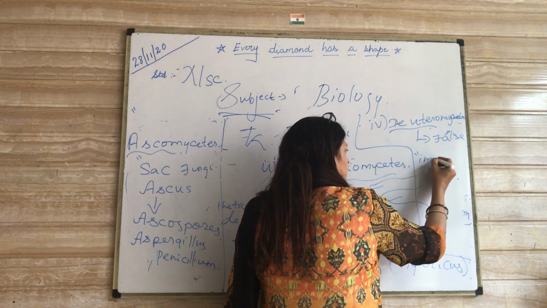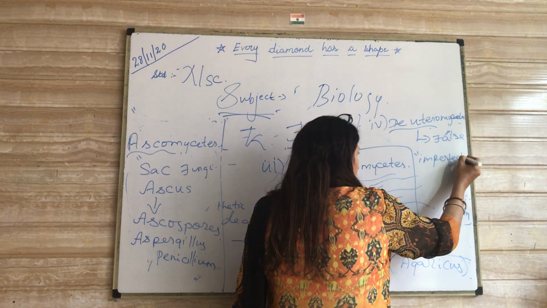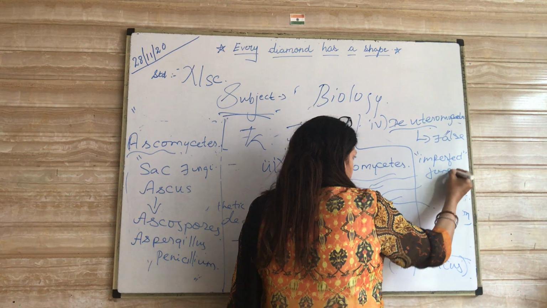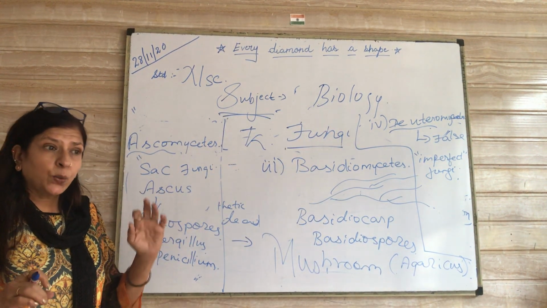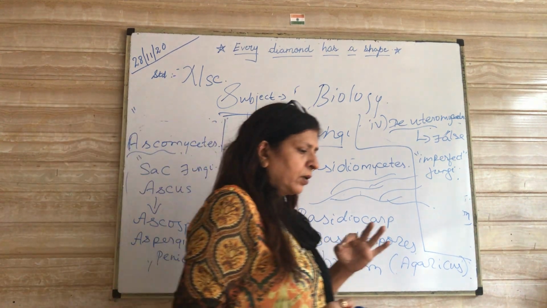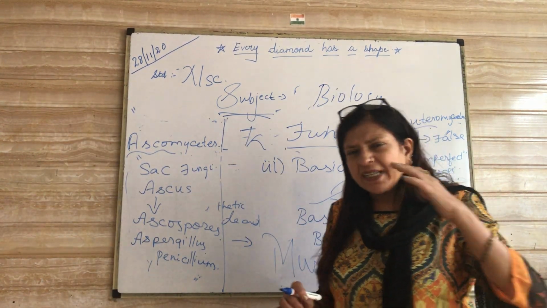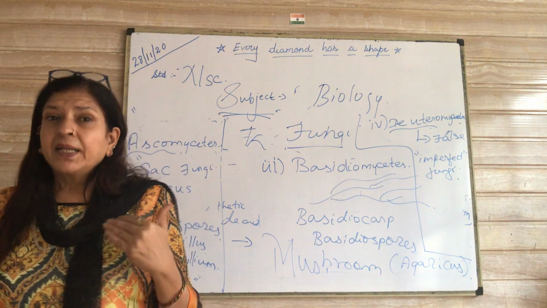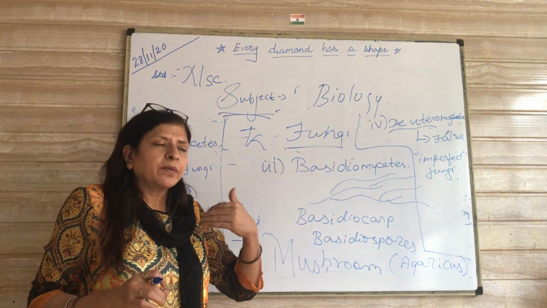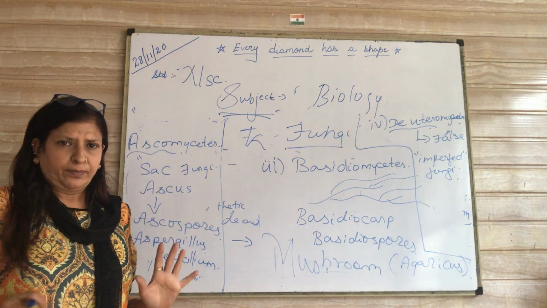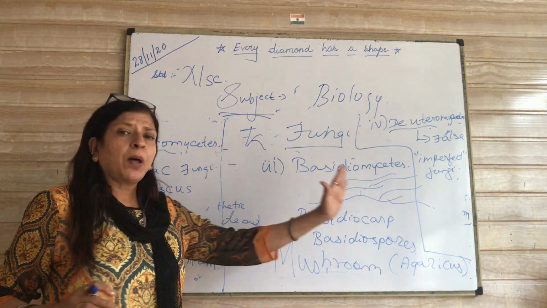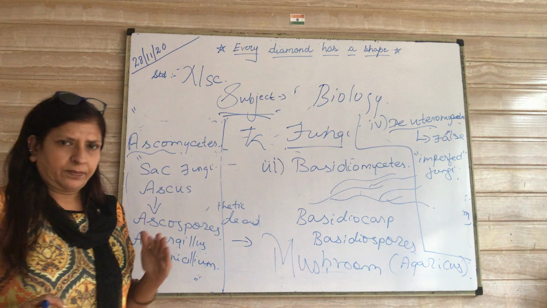I can use the term imperfect fungi. Right? Because here they don't have a proper filamentous body. They behave a little differently from these regular fungi. Now this was all about Kingdom Fungi.